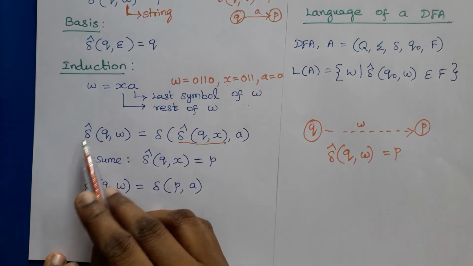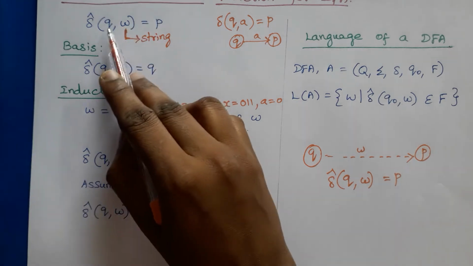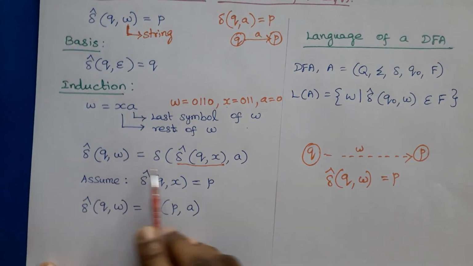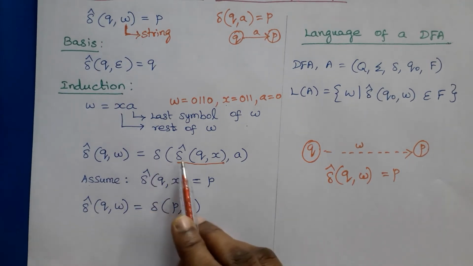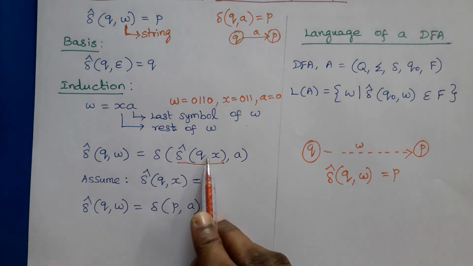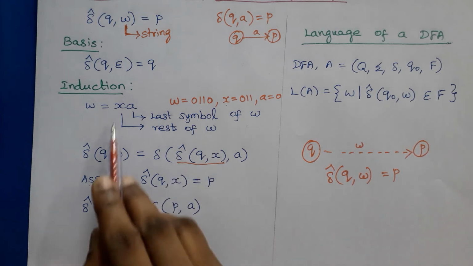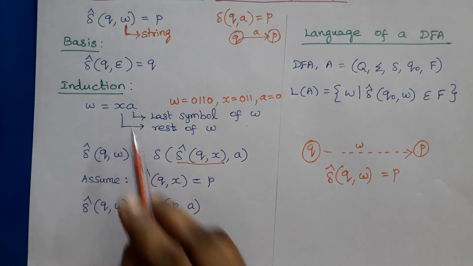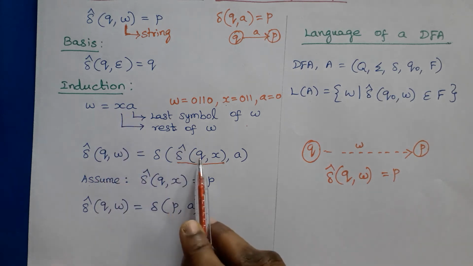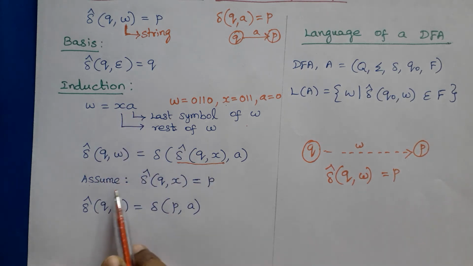So if we want to find delta cap of Q comma W, this can be written as delta cap of Q comma XA, because W can be written in the form XA. So delta cap of Q comma X must be found first.